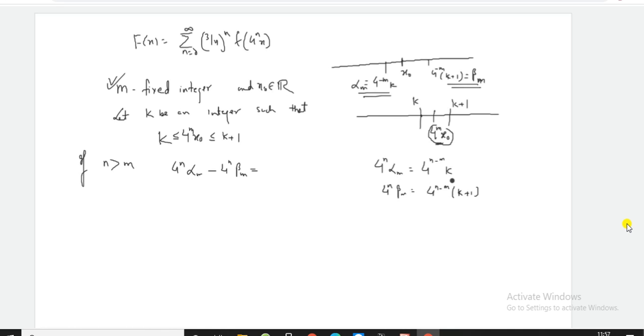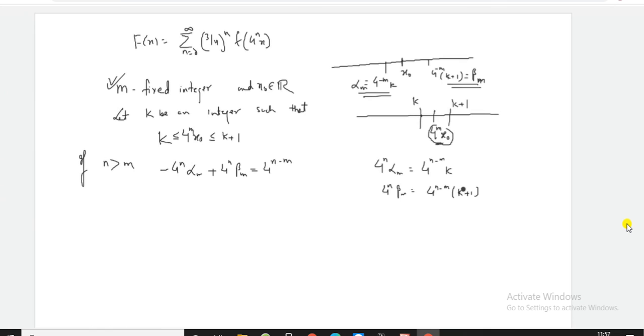Because beta is bigger, maybe you subtract this from this, writing this with a plus sign and this with a minus sign. It's not a problem. So 4 to the power n beta m minus 4 to the power n alpha m, when you subtract, you will get exactly 4 to the power n minus m. Is it okay? Yes, sir.